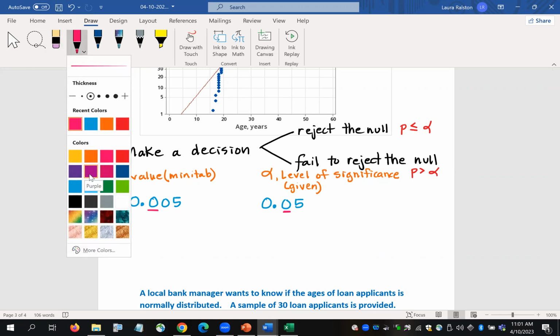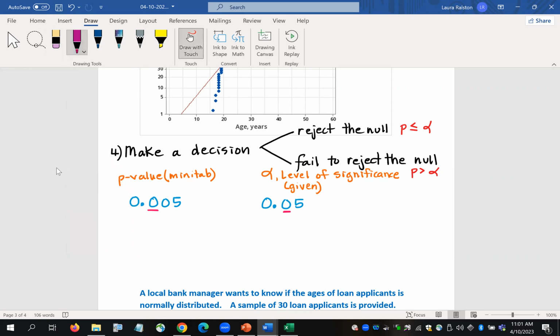If I move to the second digit, for the p-value it is 0. For the level of significance, it's 5. 0 is less than 5. So the p-value is less than or equal to alpha. If the p-value is less than or equal to alpha, we are going to reject the null.